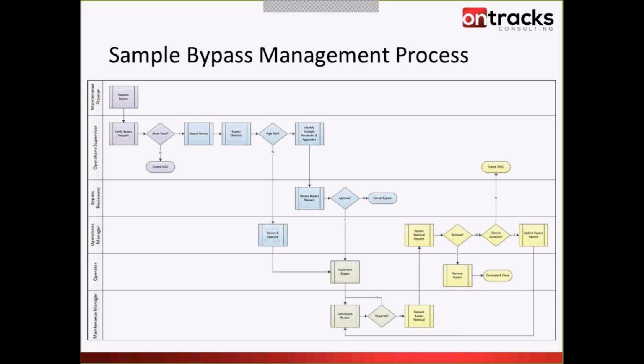The next phase, which is represented by those blue boxes, is where the review and approval takes place. This is where we will include a hazard review, a bypass checklist, which may include activities or notifications that need to be done prior, during, and after that bypass has been executed.